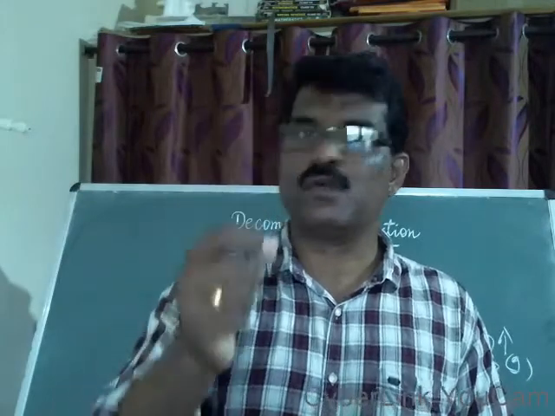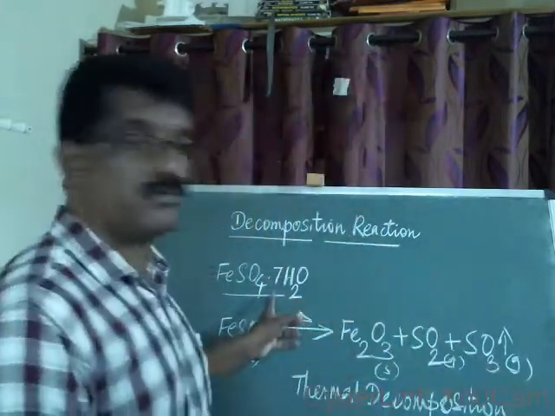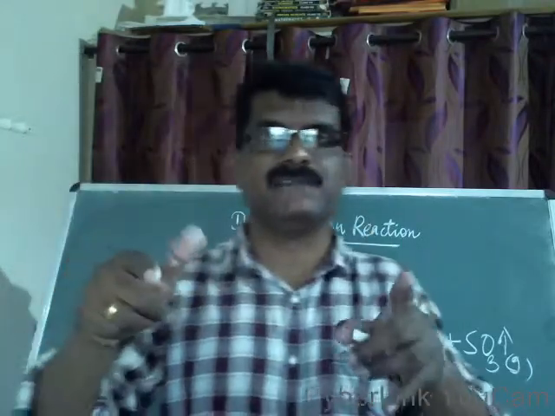That definite number of water molecules present in a crystal salt is known as the water of crystallization. That you will study in the next lesson. What do you mean by water of crystallization? Water of crystallization is the presence of a definite number of molecules of water in its salt. In FeSO4, the hydrated salt having 7 molecules of water actually gives the green color. When it is heated, the water vapor goes out and it becomes white.